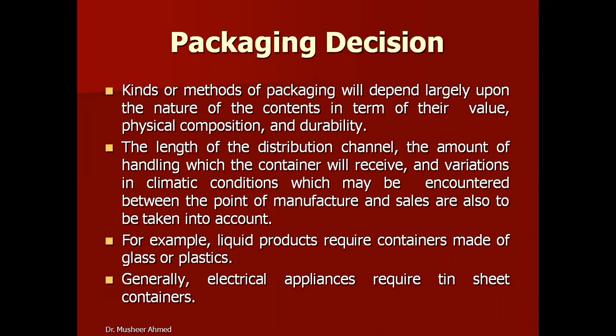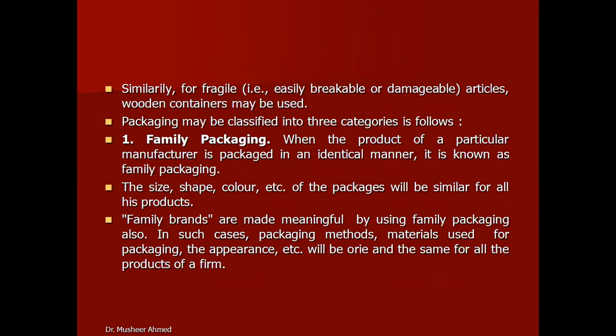Electrical appliances require tin sheet containers. That is the reason, right? So that no kind of oxidation or any such other chemical process may take place when they come in contact or are exposed to the environment which is not conducive to the electrical appliances, right?